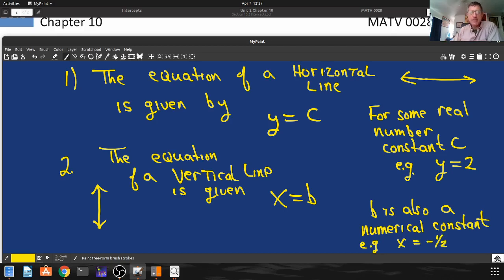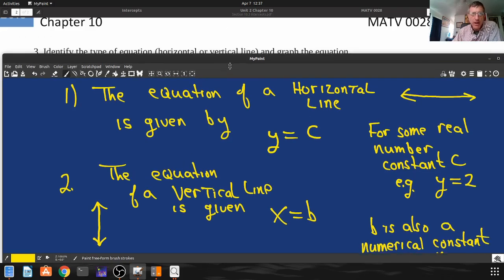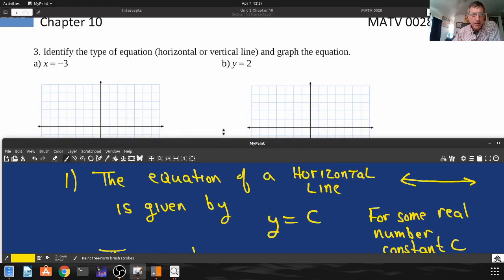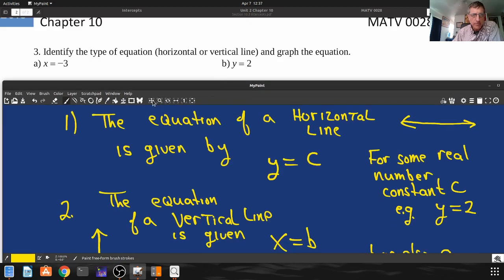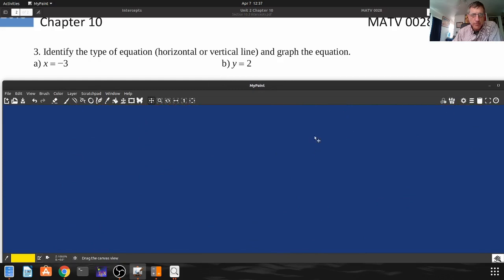So with that in mind, let's actually find and plot these types of equations. So my first one is the following. This is 3a. X is equal to minus 3.